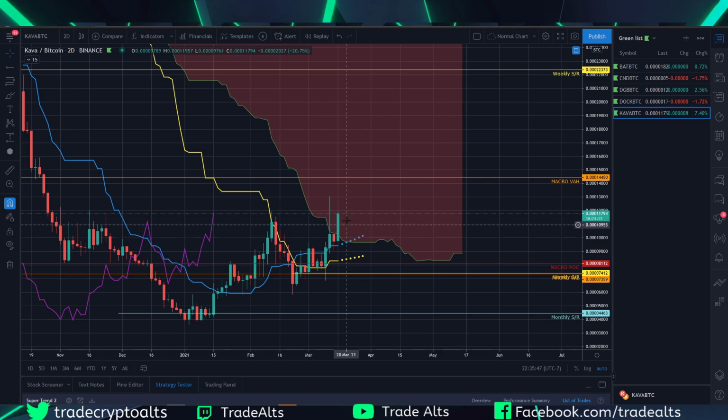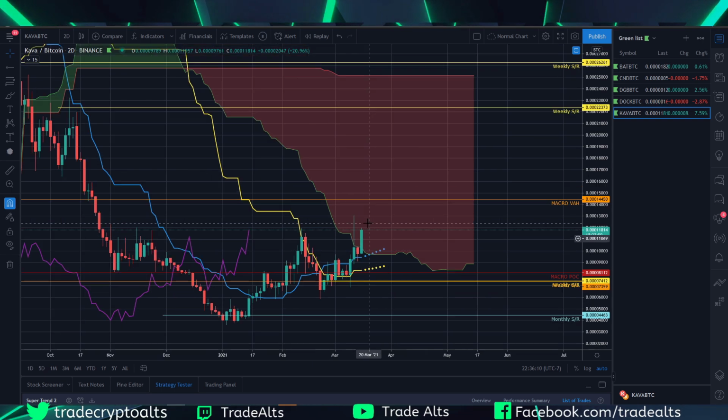But if price happens to work its way down slowly, this is very similar to how I was analyzing BAT, basic attention token, and look what happened there. If you can get an entry that's lower here while price is still in cloud and you have your obvious confirmation, you improve your risk reward, and it could be a very nice trade. So this is one to pay really close attention to.